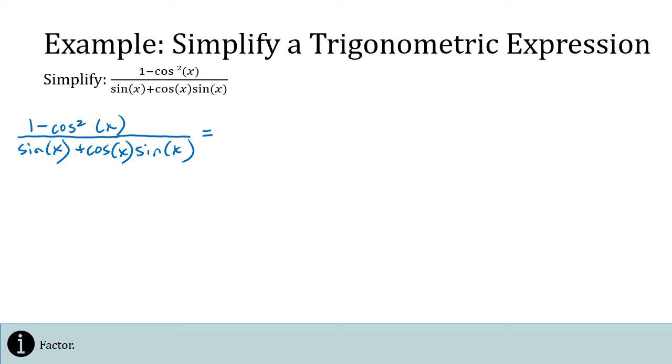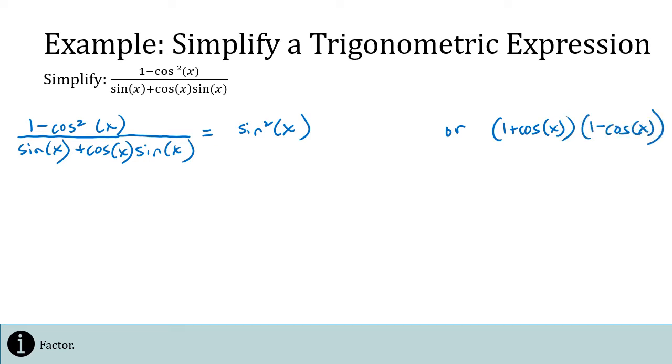I could either rewrite 1 minus cosine squared of x as sine squared of x, which I'll show you. That's the variation of the Pythagorean identity. Or I could factor that numerator to 1 plus the cosine of x times 1 minus the cosine of x.